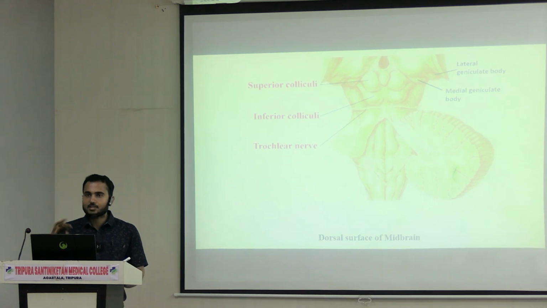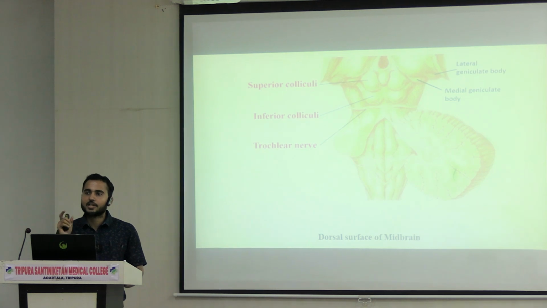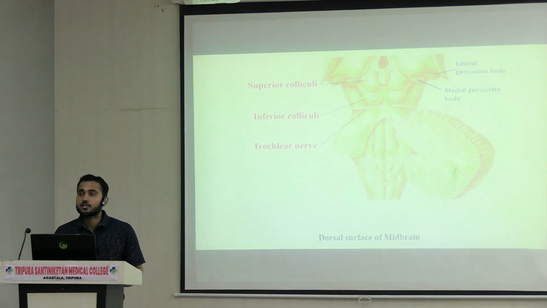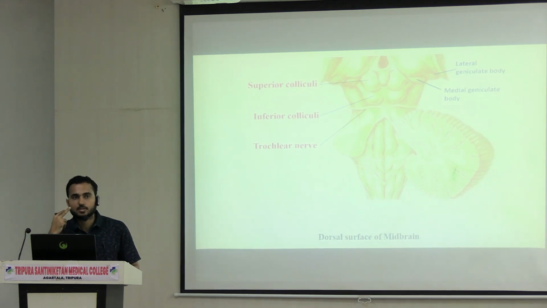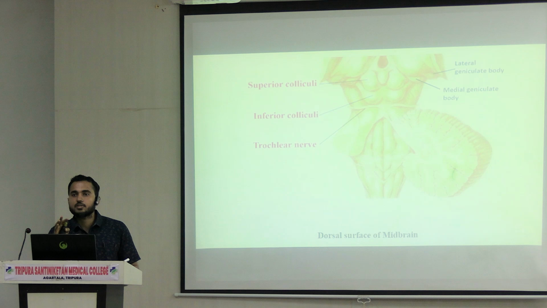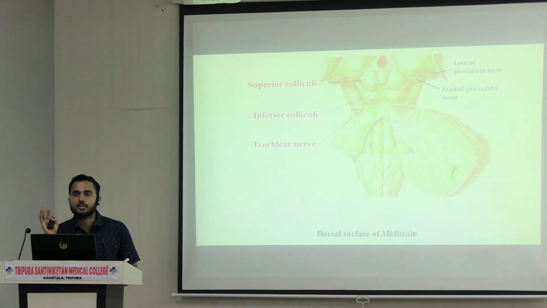Now why am I mentioning the geniculate bodies? Because in these geniculate bodies, the fibers of the auditory pathway and the fibers of the visual pathway are present. In the lateral geniculate body, which fibers will be there? Visual pathway fibers. And in the medial geniculate body, which fibers will be there? Auditory fibers.